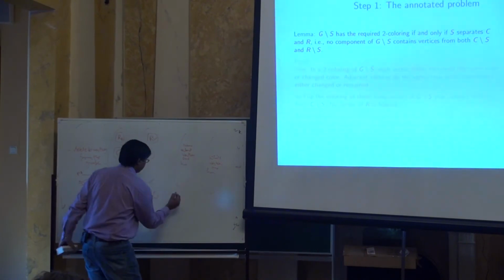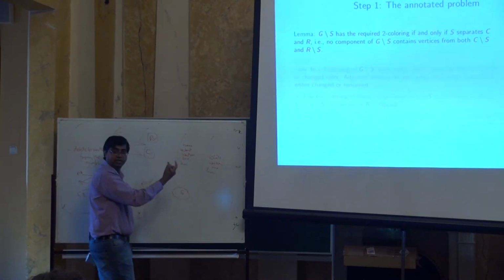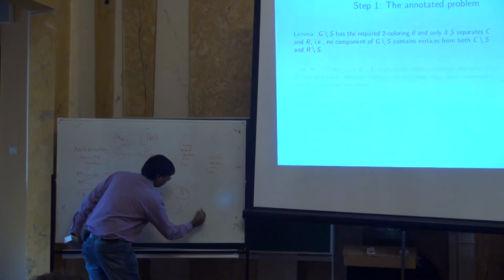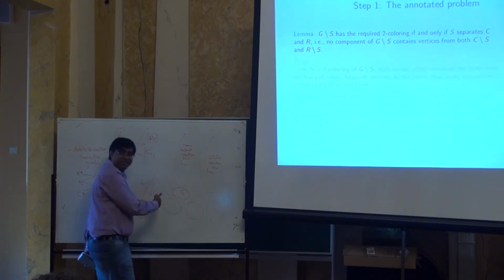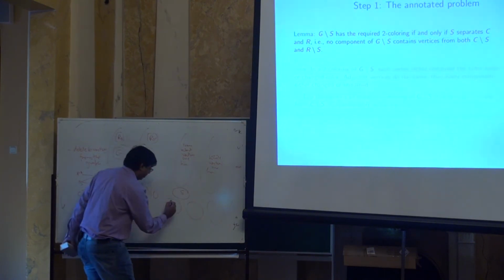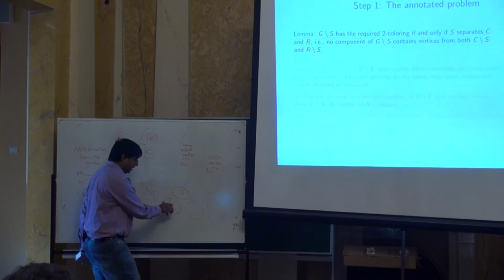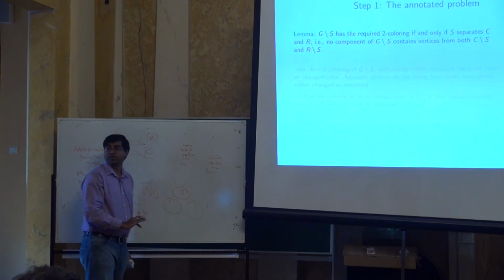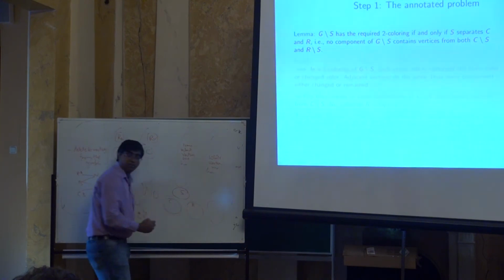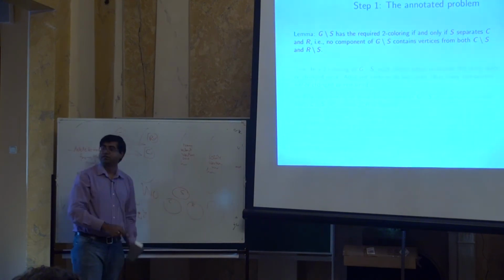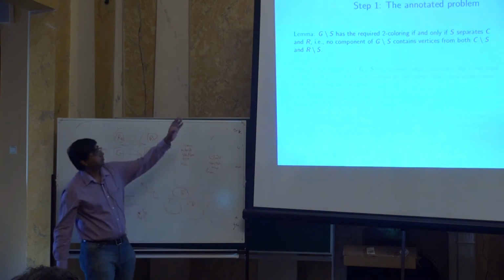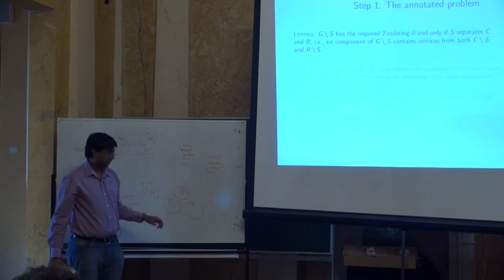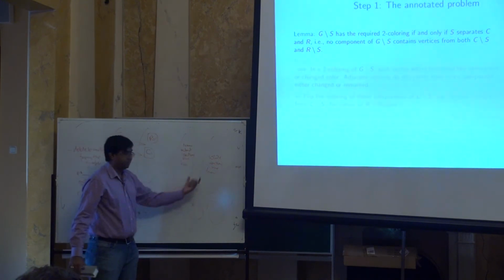So here is an S we deleted. Now we have some connected components. Each contains some remaining vertices or some change vertices. If it contains vertices from change, it only contains vertices from change. If it contains vertices from R, it only contains vertices from R, but it doesn't contain both, right? This is all that I'm saying. Then I'm saying that there exists a bipartition like this.